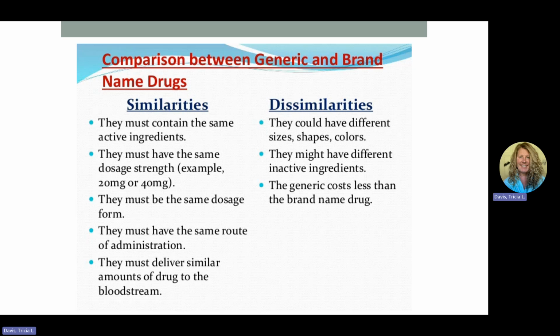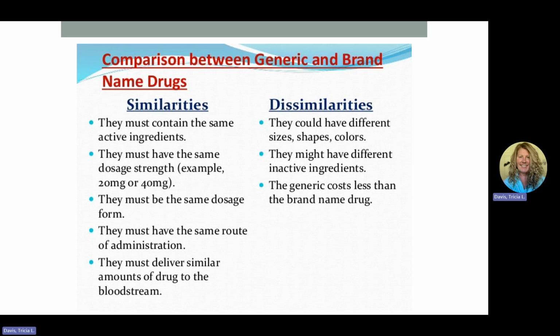So what are some of the similarities between generic and brand name? They must contain the same active ingredients. If your Tylenol, your acetaminophen, has 350 milligrams of acetaminophen, then the generic brand has to have the same active ingredient, okay? They have to have the same dosage, for example, 20 milligrams or 40 milligrams.